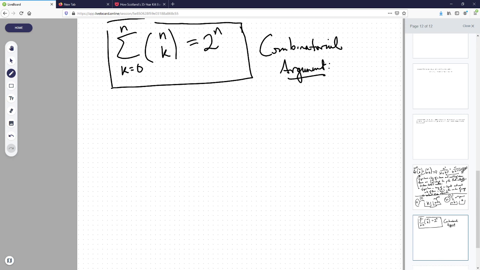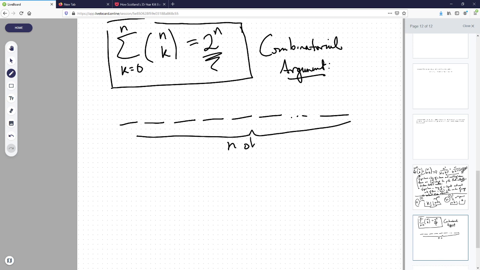And so the combinatorial argument is going to basically be like this. 2 to the n is the number of ways to, if you have n objects, there are 2 to the n ways to either select or not select, right?